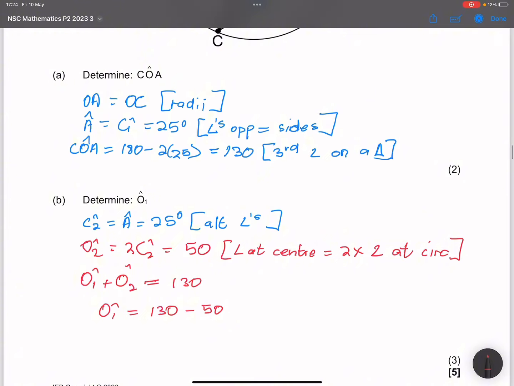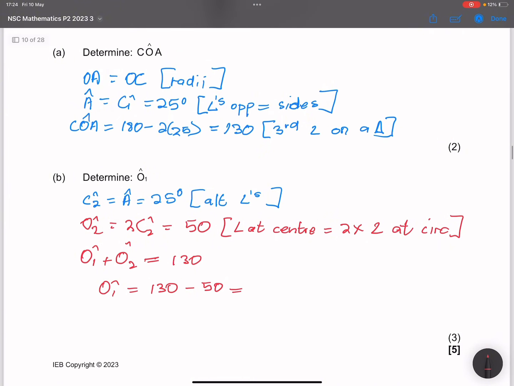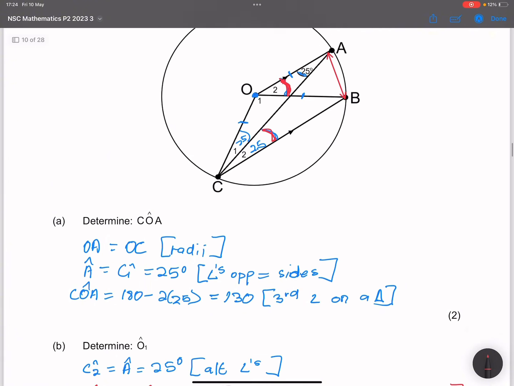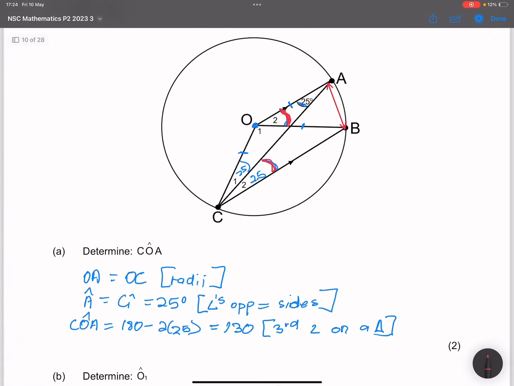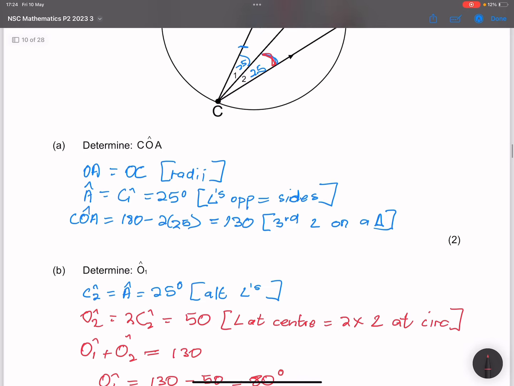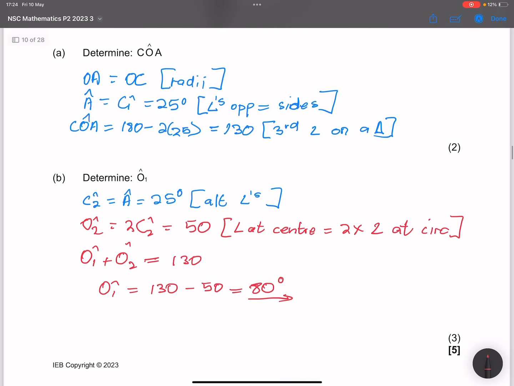So what's 130 minus 50? That would give us 80 degrees. So that angle would be the value of O1. And ladies and gents, we would have earned ourselves 5 marks out of that. Let's go to the next question.